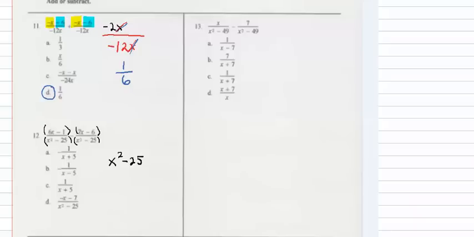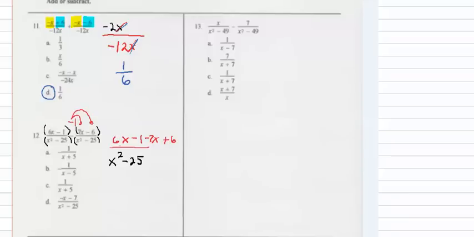I have at the top a 6x, and I also have a negative 1. Over here I have a negative sign. This is a subtraction problem. I put my parentheses. Remember, there's an invisible 1 right here, and that means I need to distribute that negative 1 to the 7 to get a negative 7x, and then I distribute that negative 1 to the negative 6 to get a positive 6.